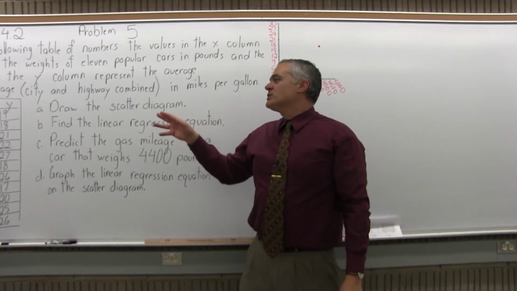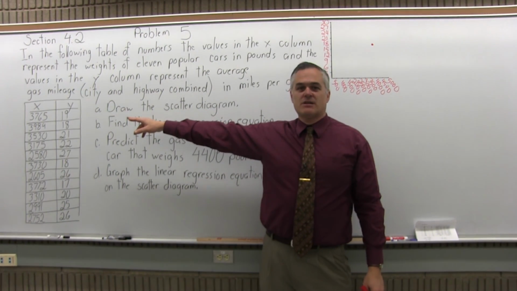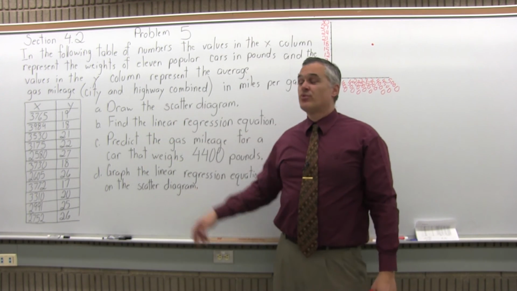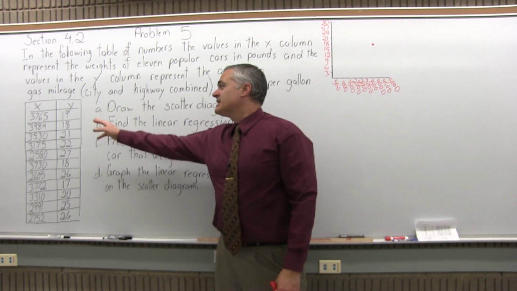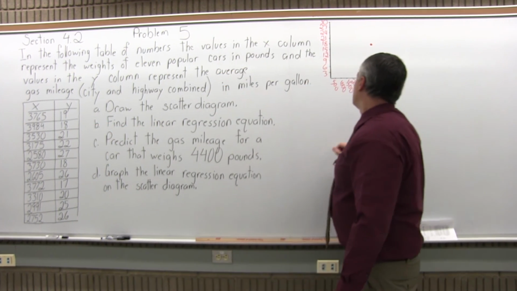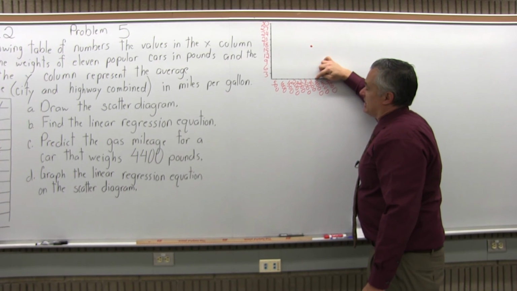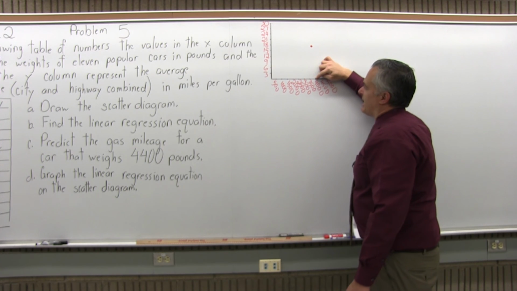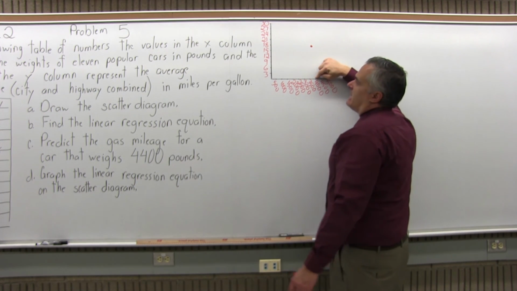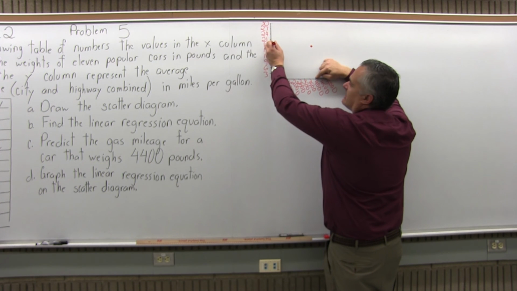The next one weighs almost 4,000 pounds, 3,984 pounds. It's a pretty big car, averaging 18 miles to the gallon. So let's go over to the 4,000 mark on my x, and we can pull it a tiny bit over for 3,984. By eye, it's going to be right on the 4,000, and we get 18 miles to the gallon.